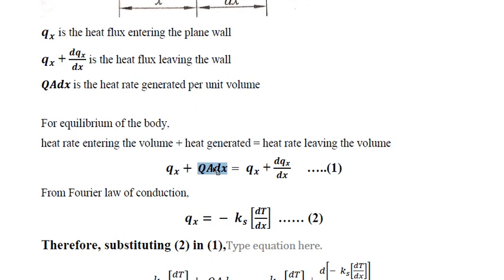It depends on the area and the length dx, plus the amount of heat leaving the wall should be equal to the amount of heat leaving the wall. That is, heat entering plus heat generated should be equal to the amount of heat leaving the wall. This is the equation for equilibrium.